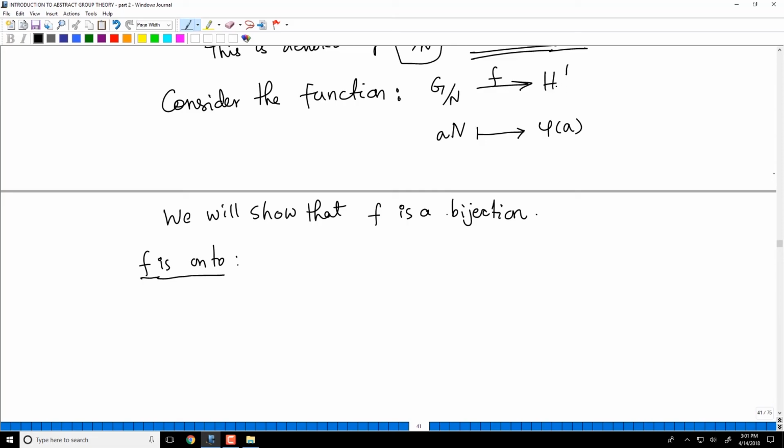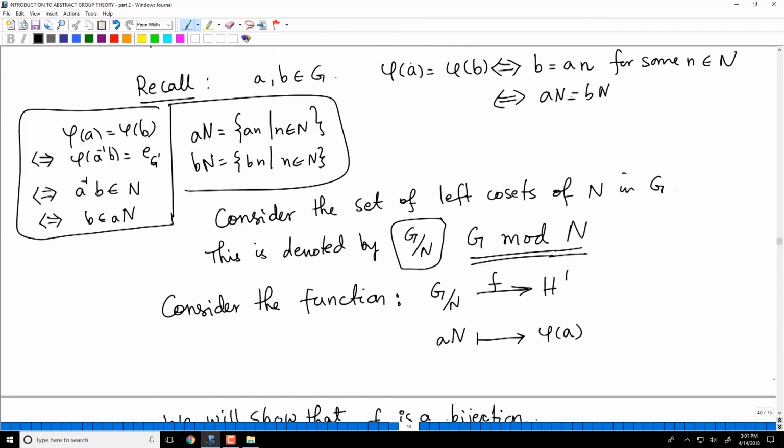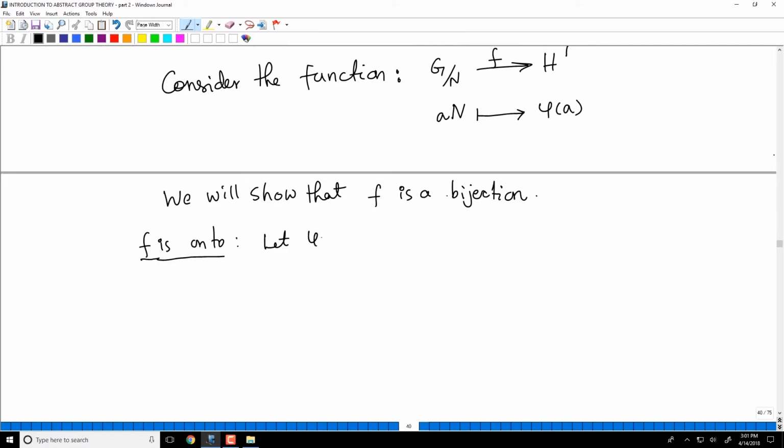So you give me an element of H prime. Remember, H prime is the image of phi, so let phi of a be in H prime. It only contains elements of the form phi of a where a is in G.